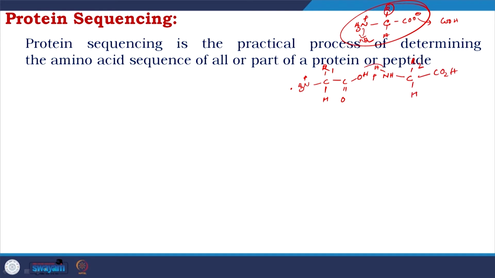Here again one water molecule is lost, that is the fate of most polymerization where dehydration happens, and you get the peptide. So this is the bond joint.